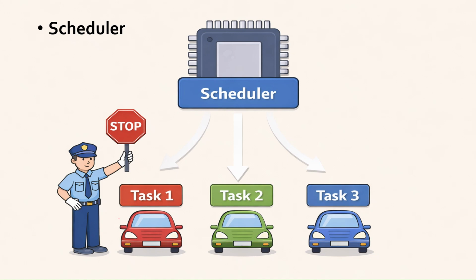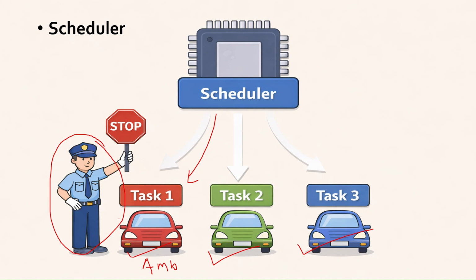So think of the scheduler as a traffic policeman. Tasks are cars. A high priority ambulance goes first, a normal car waits. So consider this policeman, who decides which task we need to execute first. If this is the ambulance, it can go first, because it has high priority.